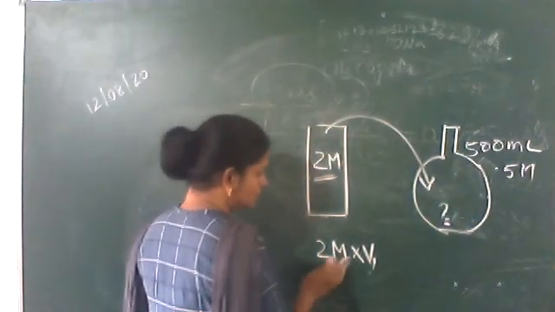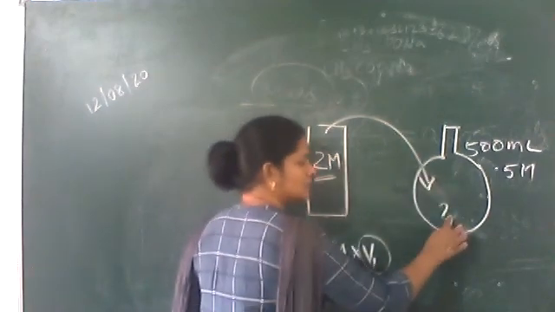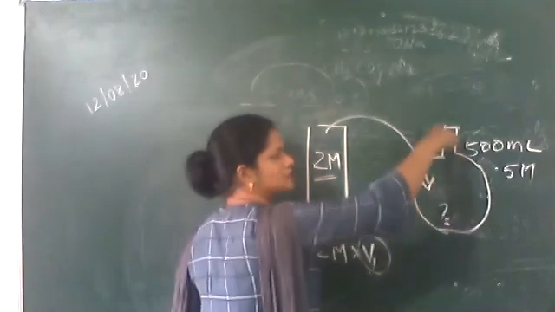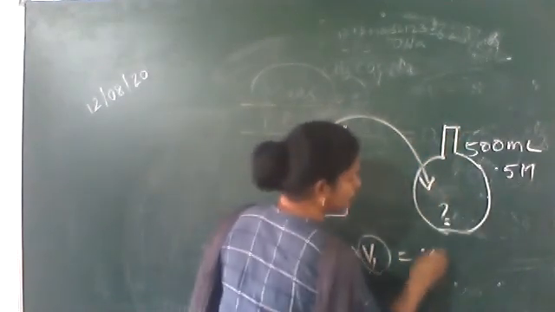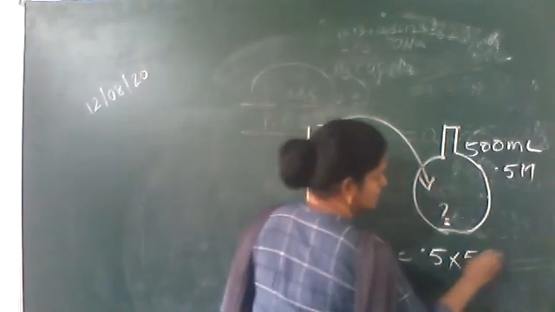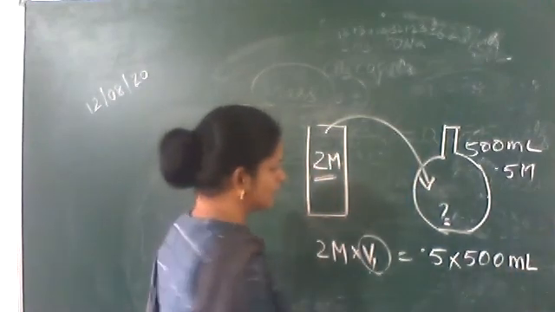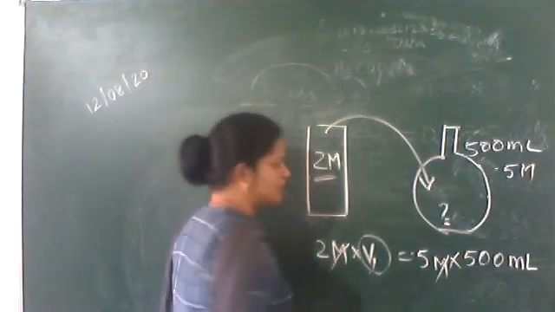So 2 into V1, how much volume you have to transfer? After that, we'll be adding water to make this solution to 500. So M2 is 0.5 into V2, that is 500 ml. This molar will get cancelled.